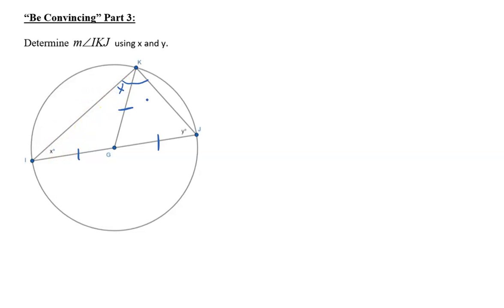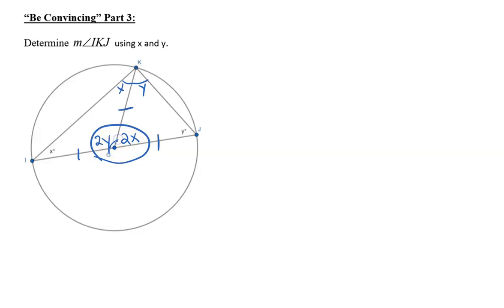This will be x degrees, this will be y degrees. And exterior angle theorem says that this angle would have to be the sum of the two non-adjacent angles, which would be 2x. And then this angle would be equal to the sum of the two non-adjacent angles, which would be 2y. Now, what would happen if you add up 2y and 2x?